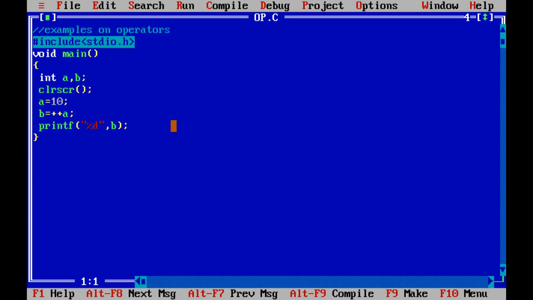But in a pre-increment, first the value is incremented by 1, then the value is assigned to the variable b.